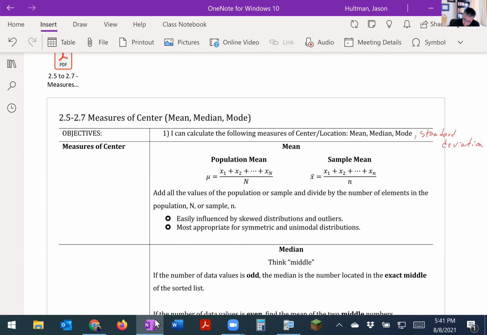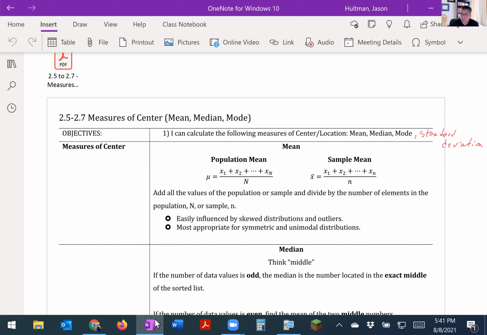For the population mean, we add up all the numbers and then divide by the total in the population. For the sample mean, we add up all the numbers and divide by the number in the sample.